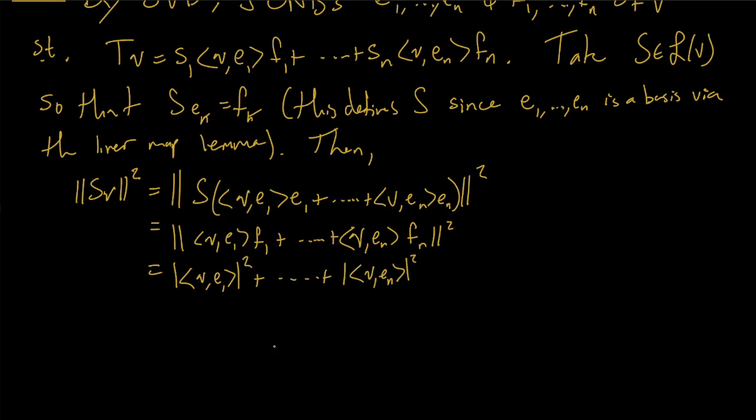Oh, okay, there's just a whole lot of applications of the Pythagorean theorem. Nothing crazy at all. But hey, it's just the norm of v, isn't it? It doesn't matter if you do this with f1 through fn or e1 through en. It's going to work the same for any orthonormal basis of V. Oh. The norm of Sv squared is equal to the norm of v squared. So S is unitary.